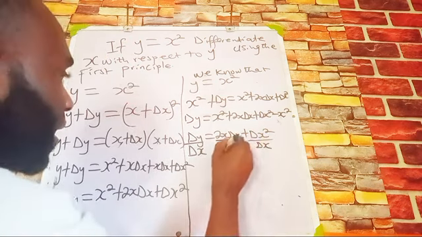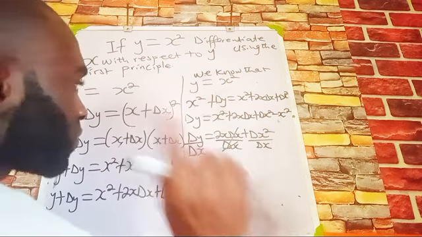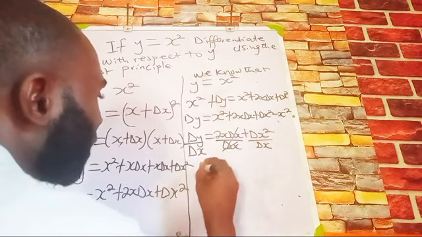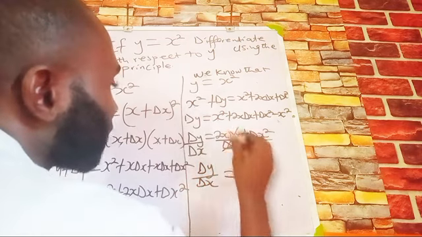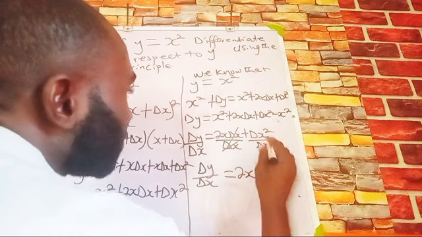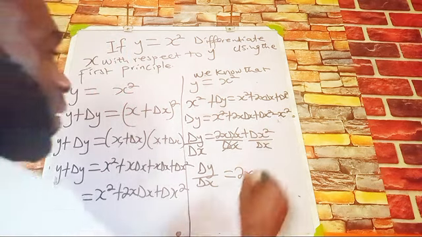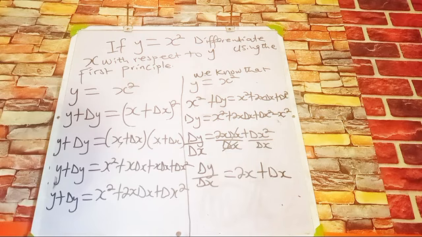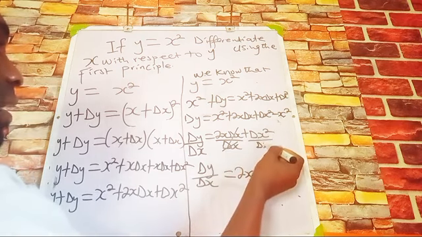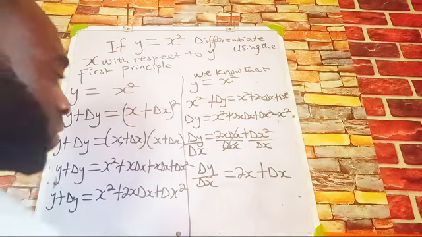So here, dx divided by dx is 1. So we now have dy all over dx is equal to 2x. So dx squared divided by dx, that will be left with what? Only one of the dx, because you have 2 of the dx here. If the dx cancel it will remain only 1.